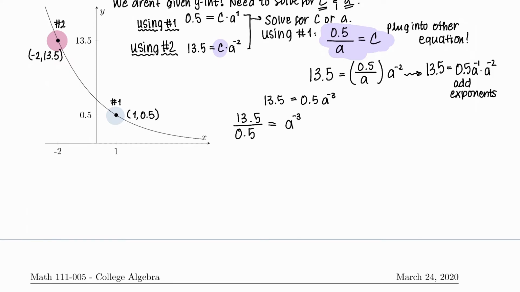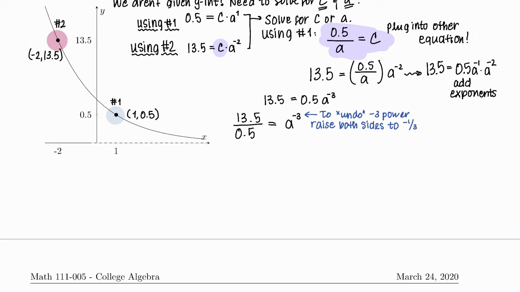What I'm going to do, to undo the negative 3 power, is raise both sides to the negative 1/3, because negative 1/3 times negative 3 is going to be 1.